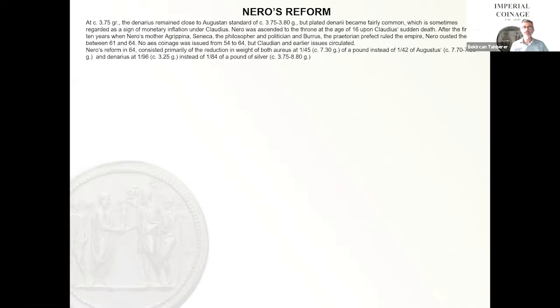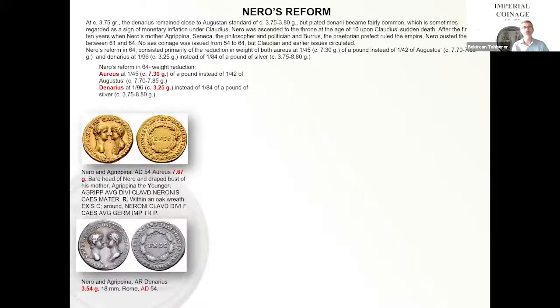And in 64, he simply ousted them all, and he introduced a monetary revision in the Roman Empire, and he changed the denomination. Well, he changed the weight of coins during that time.